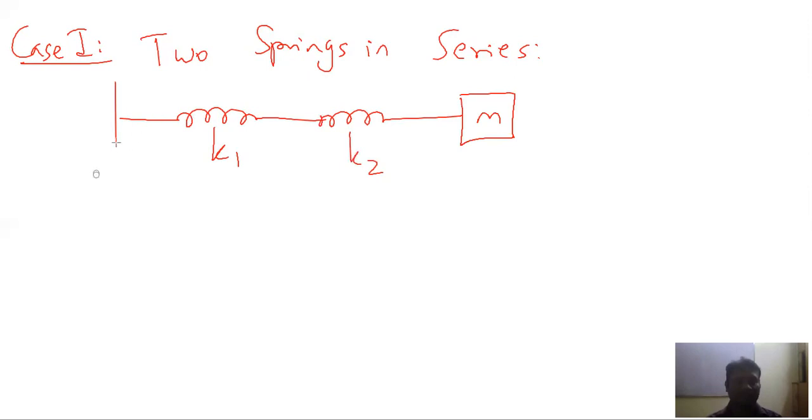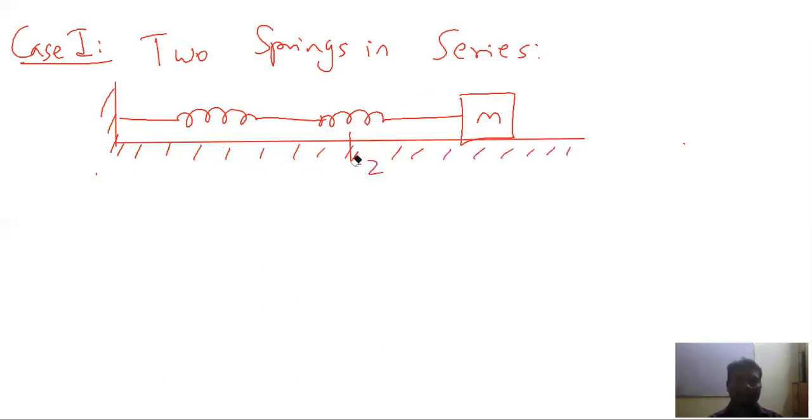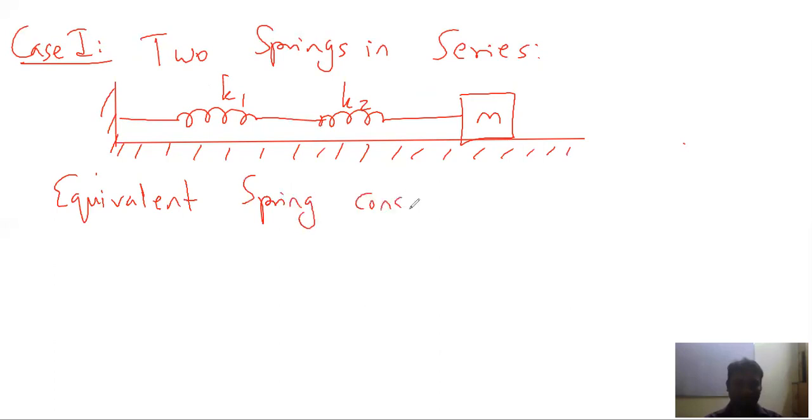Suppose this is the wall and this is the horizontal surface, and here we have two springs having spring constants K1 and K2. Now I want to find the equivalent spring constant.